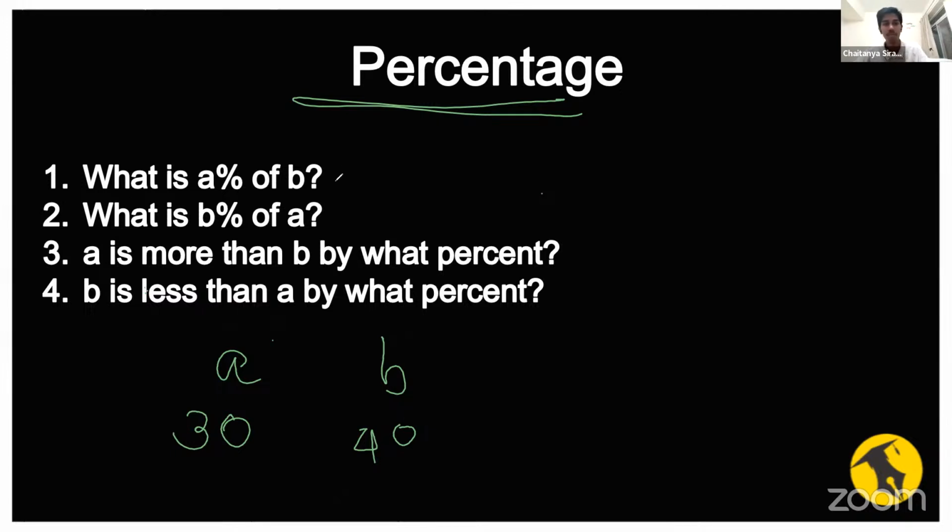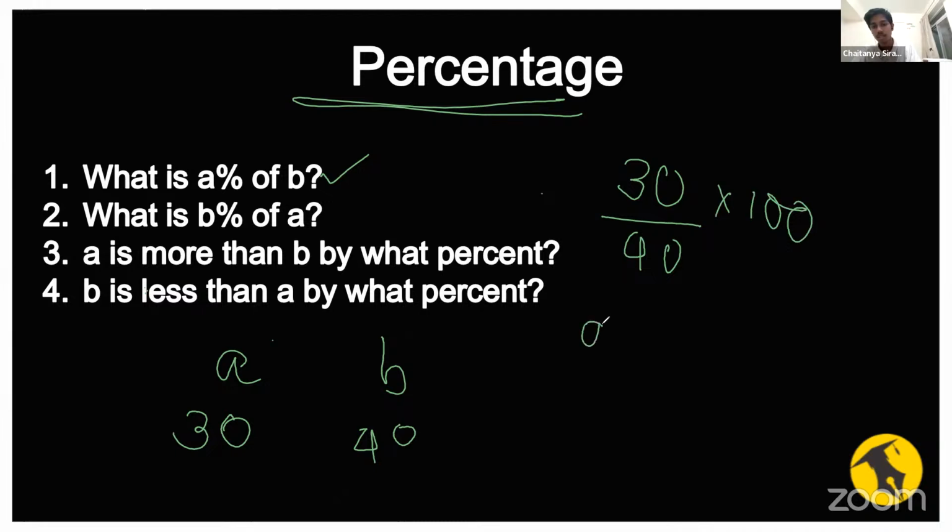Now, the first question is, what is A% of B? You simply write 30, which is A upon B into 100. Percent means parts of 100. So if we solve this, we will get 75%.